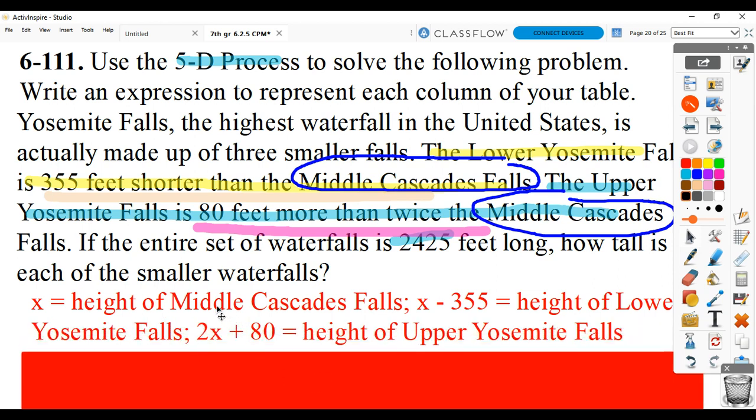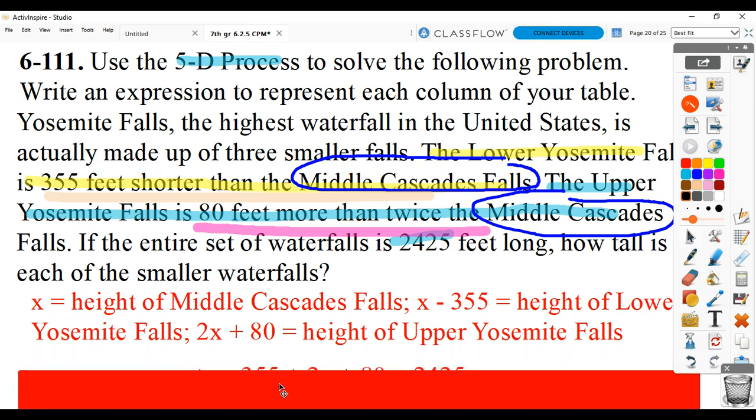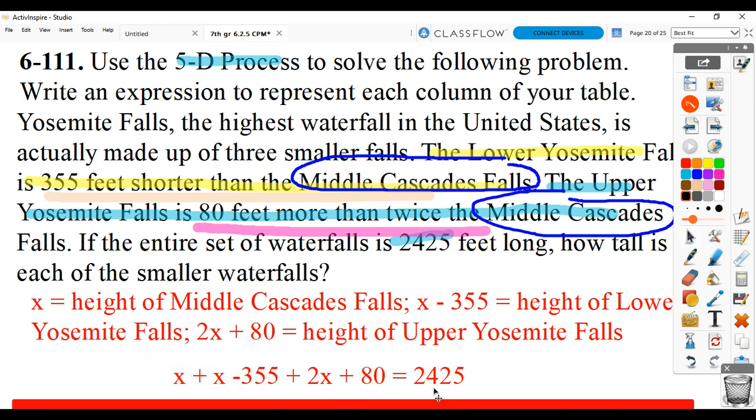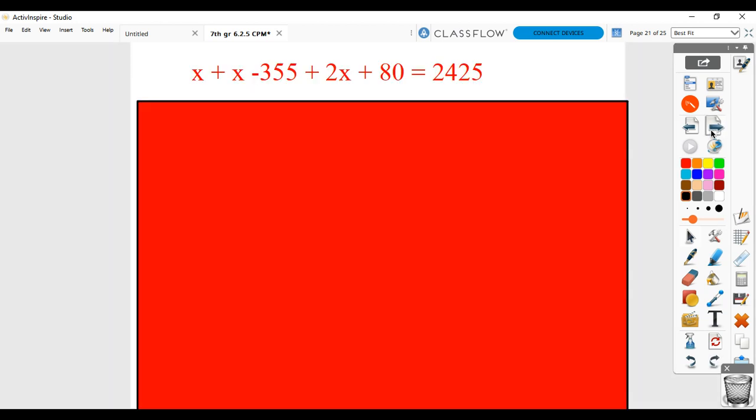So again, the middle is x, the lower is x minus 355, the upper is 2x plus 80. And then those three added together have to equal 2,425. Okay. So the key to it is to make sure that you can identify and define your variables, and then also that you could set up and solve it, whether it's with 5D or algebraically.